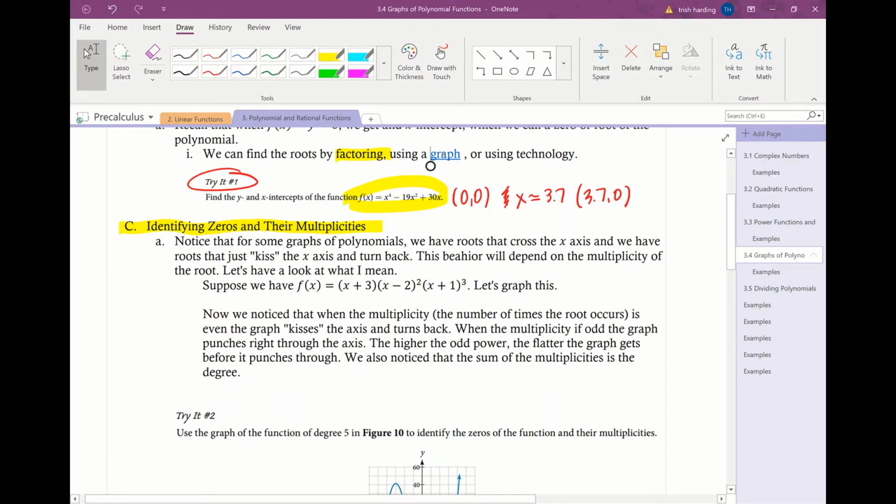And factoring is good to do here because it's easiest to see the effects of the roots if it is fully factored, which is why I had such a hard time coming up with one in general form. So the behavior of whether or not it punches through the axis or just kisses it and bounces back, that's going to depend on the multiplicity.